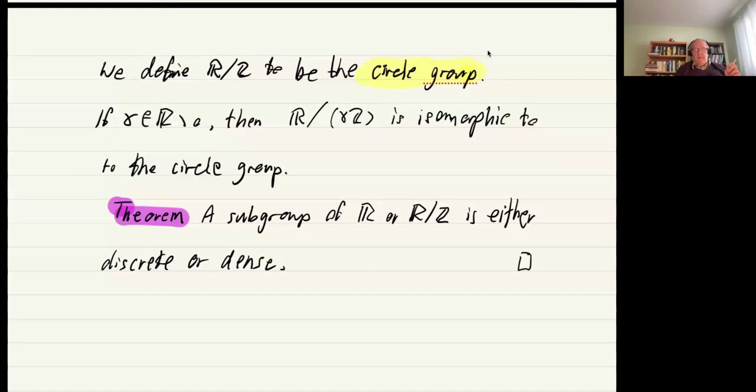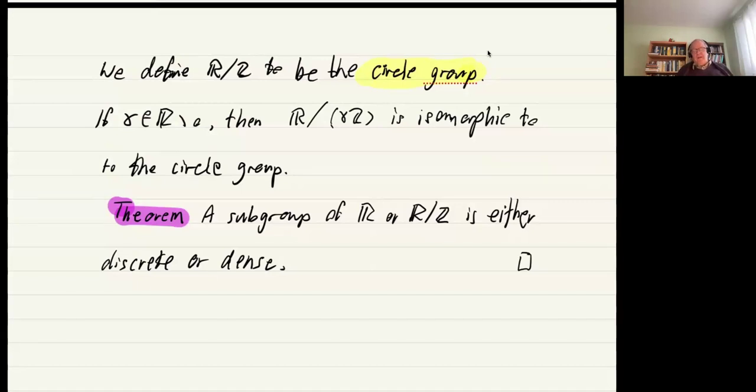That means either it's just integer multiples of some tau, or for every point of the reals and every epsilon, there's an element in the group which is within epsilon of your real number or your R over Z. This is basically a reasonably straightforward analysis argument.